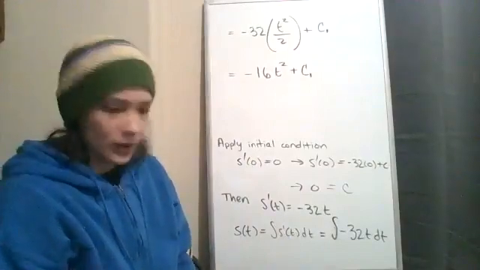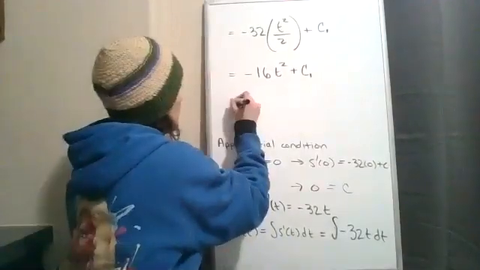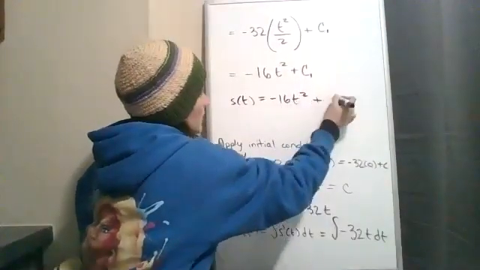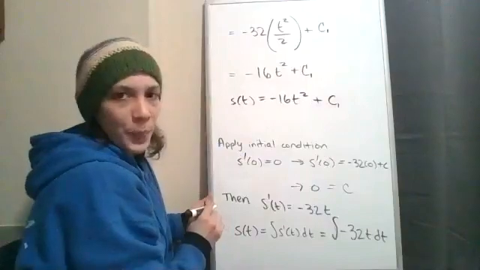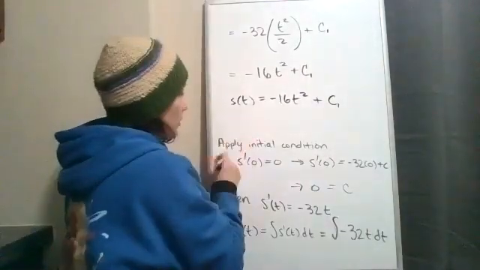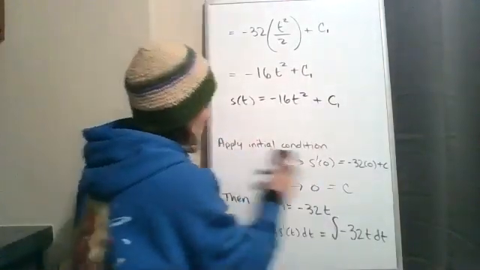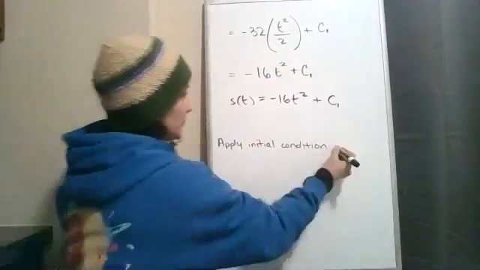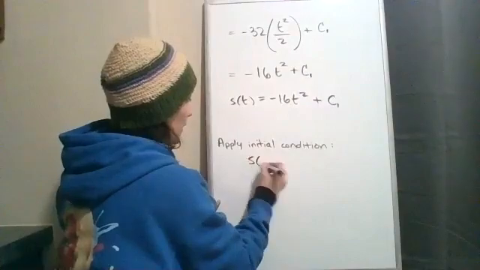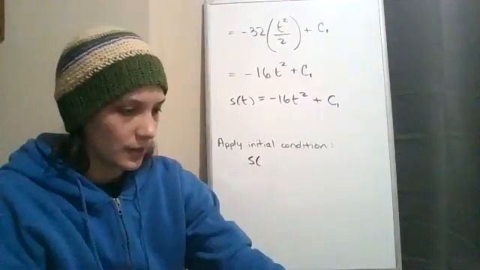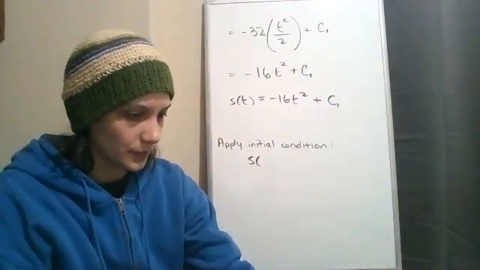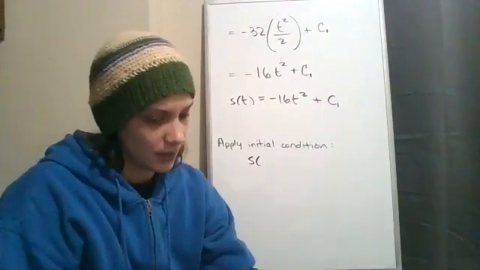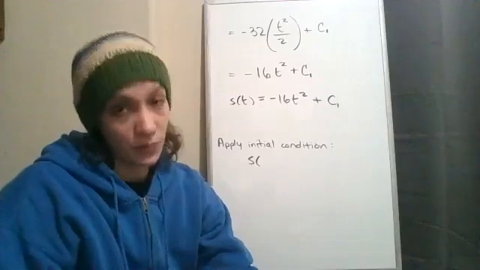So we have plus some number. We called it C1. We want to apply the initial condition. s of 0 was equal to 4,500.